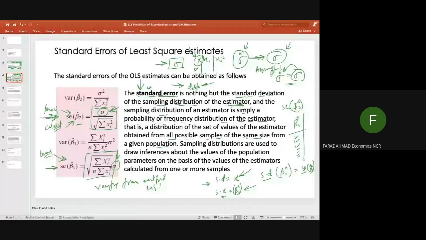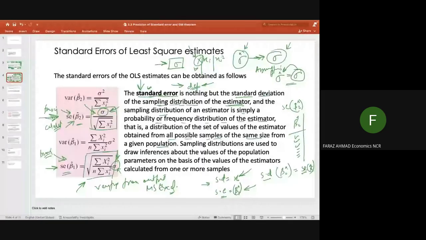So I'm sure you would have done it, and you would have got the same answer as given in the Excel output for standard error beta 1 hat, because these are the quantities which are known. Sigma was also calculated while calculating standard error beta 2 hat, so you don't need to calculate this part also, just the manipulation of x values, and then you will get the standard error beta 1 hat. So that's what we did.